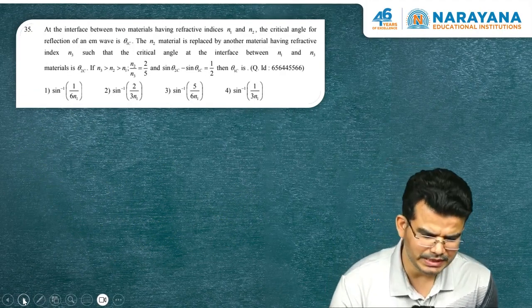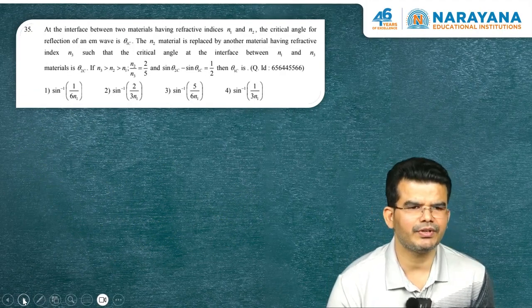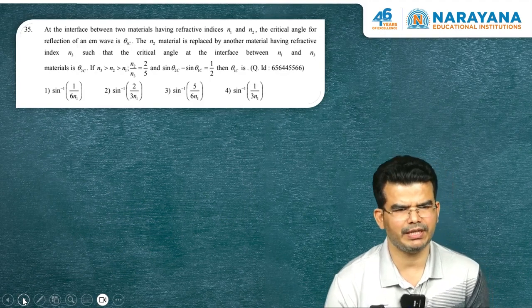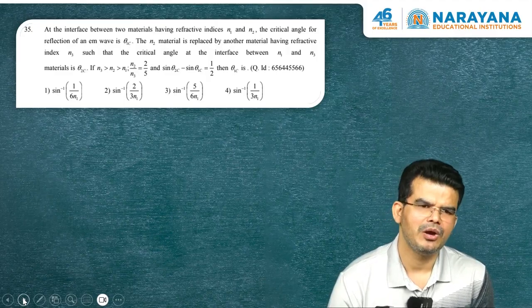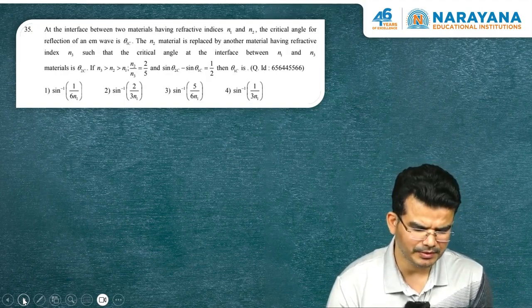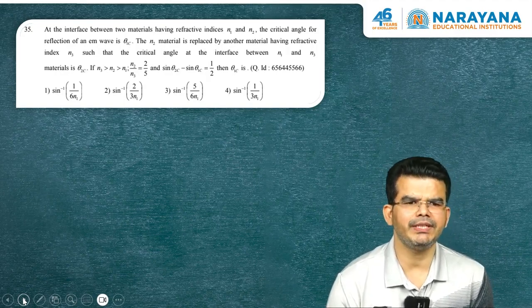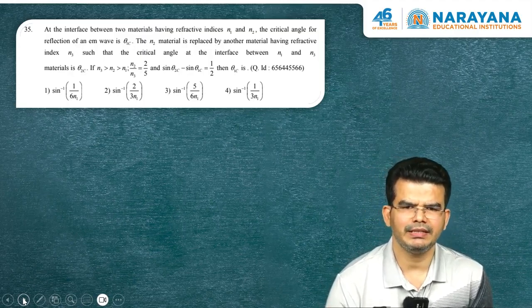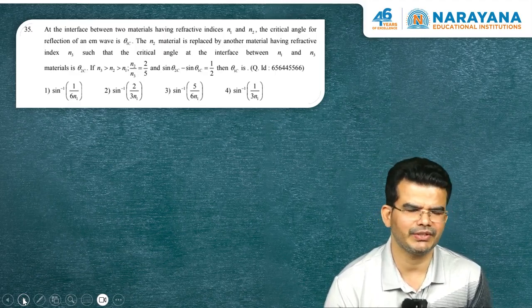Okay. Next question. I think this question is coming from optics, geometrical optics, ray optics. What are they saying? Let us read the problem. At the interface between two materials having refractive indices n1 and n2, the critical angle for reflection of an EM wave is theta 1c. Okay, fine.